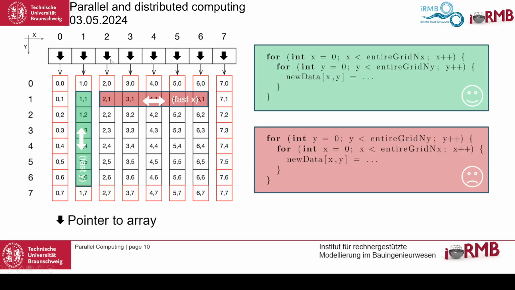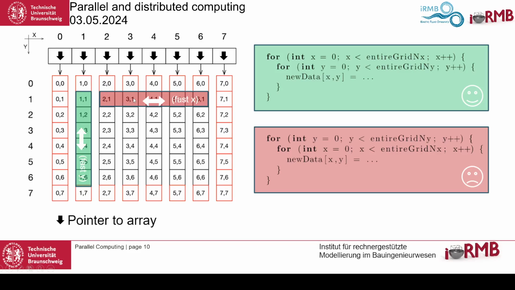Yeah, and now in this example, you put in the x direction the pointers to the arrays in the columns, and now it's the question, how would you address these things here?